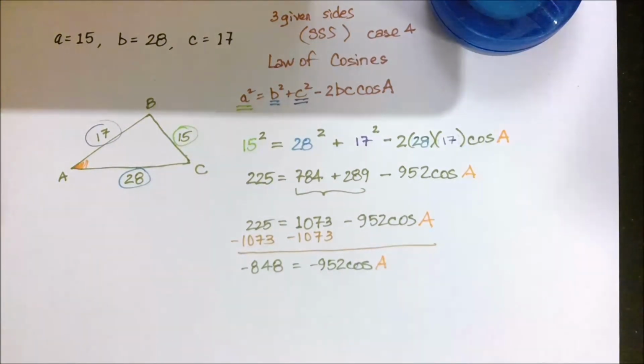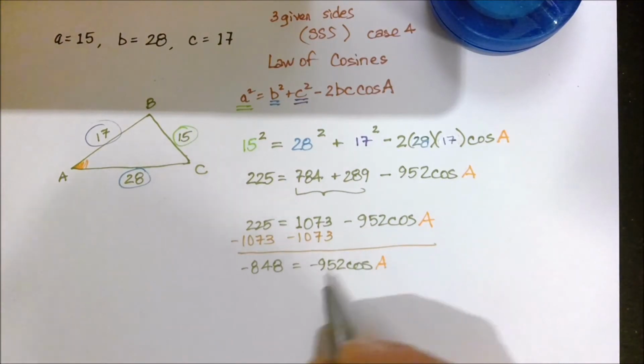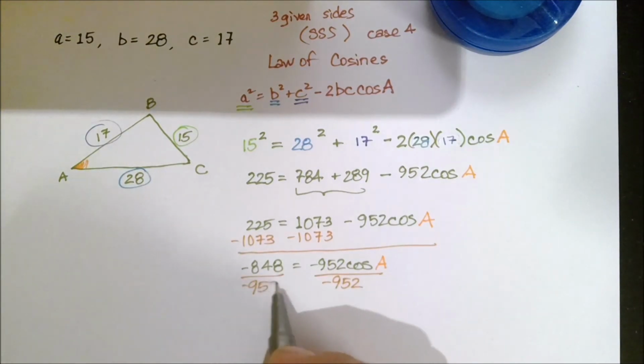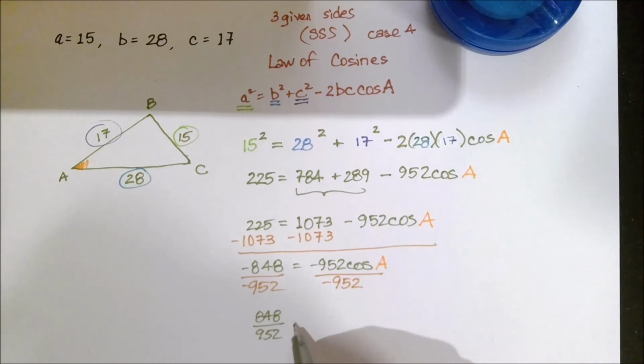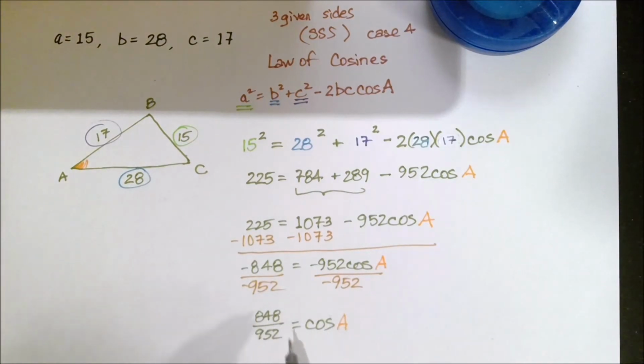And then, of course, our algebra skills tell us if I've got a product and I want just one of those factors, I divide by the other factor, right, to isolate. And so, of course, I notice they're both even. I don't really care about the reducing at this point because we're going to be typing it into our calculator anyway. So the only step left here, I've got cosine of some angle equals 848 over 952.